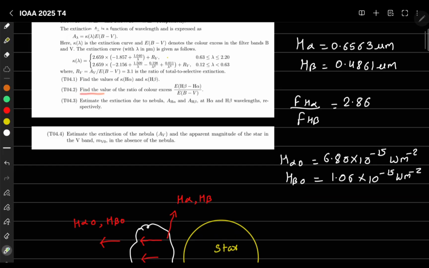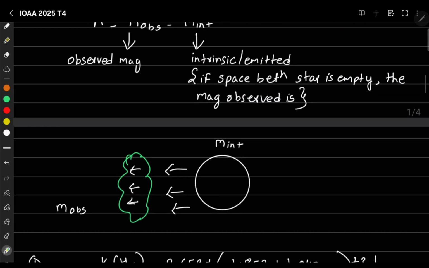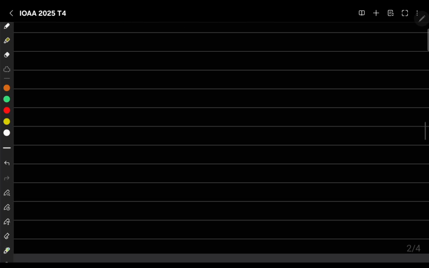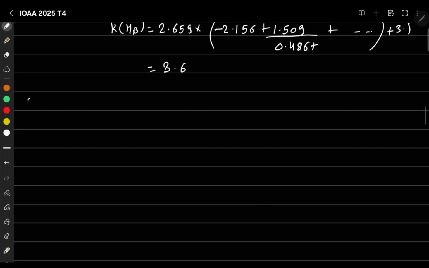Now part B says to find the value of a ratio for a color axis. So the ratio has to be determined. My ratio is E(H beta minus H alpha) over E(B minus V).